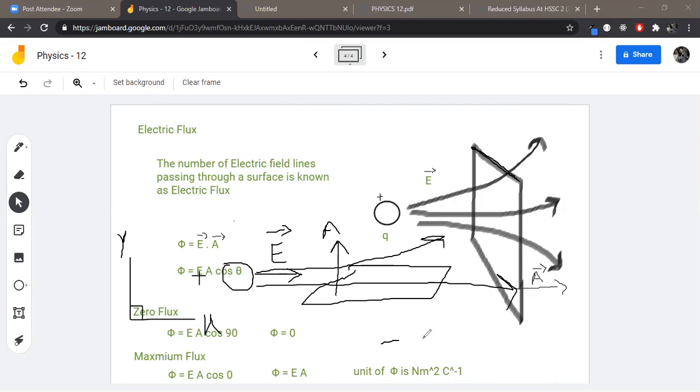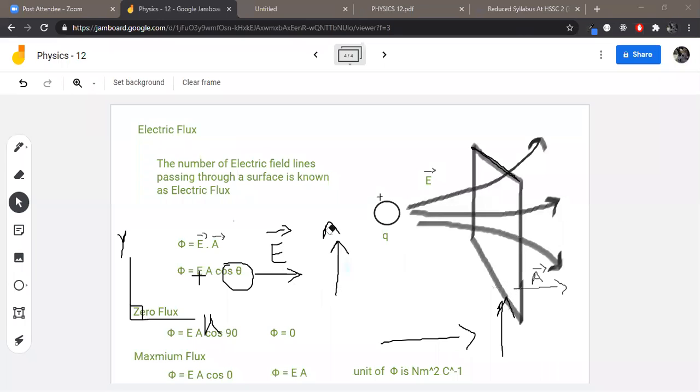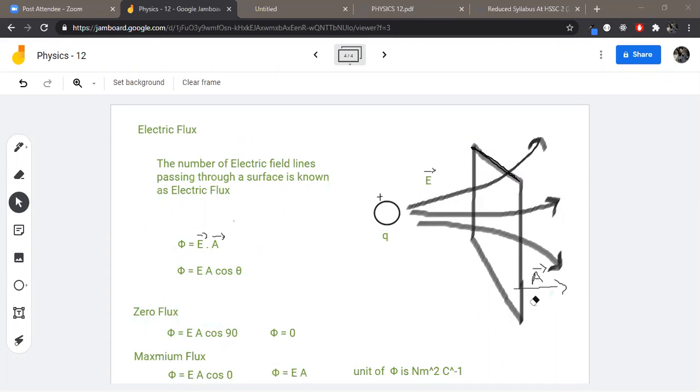So in this scenario, the electric field is in this direction and the area vector is along the y-axis. What is the angle between them? That is 90 degrees.